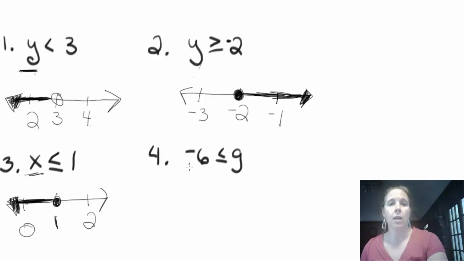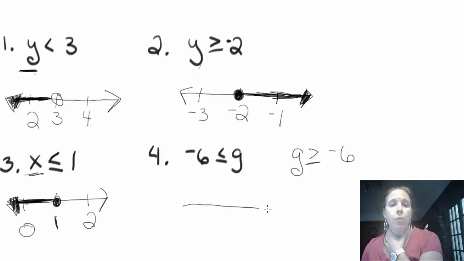Okay. Now number 4, if it's written the other way, you can change it if you want, or you can just go with it. But you see how the alligator is eating the G? So if you switch them, it has to keep eating the G. However you want to do it, this is the same thing. This is where we get confused. So really, this is -6 is less than or equal to G, okay?